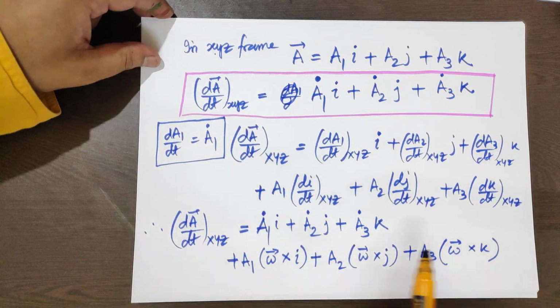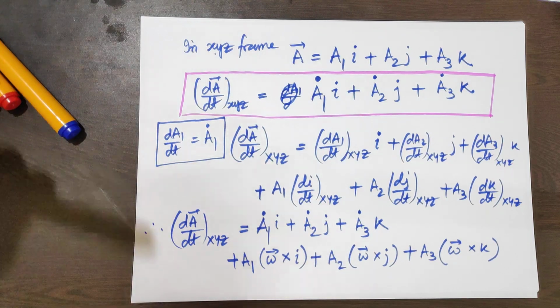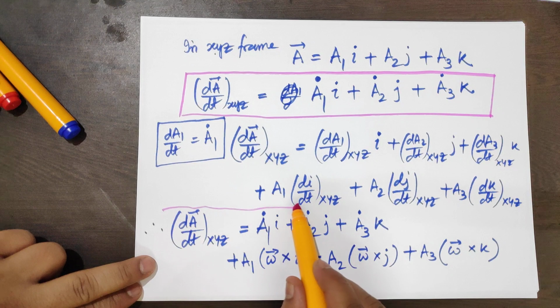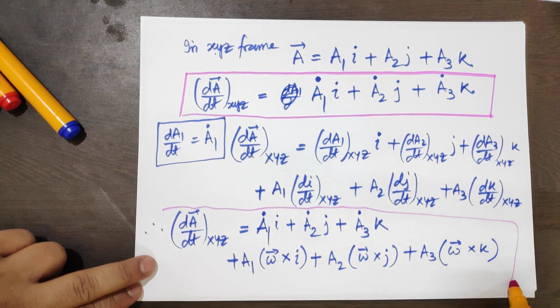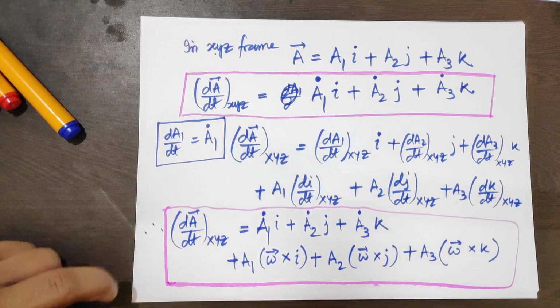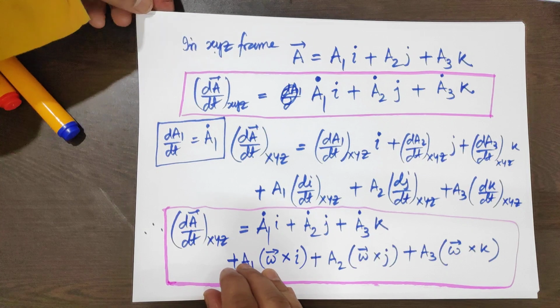This is the huge term we got by differentiating the vector A with respect to the ground frame capital XYZ. I'll put it together on the next page.